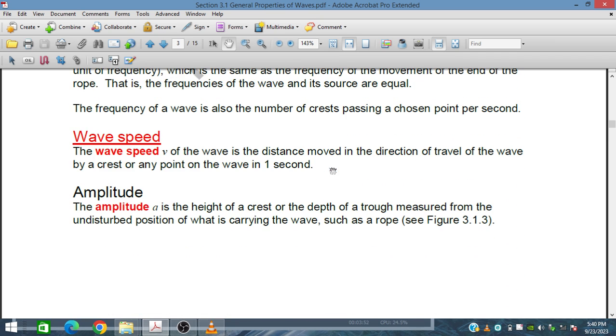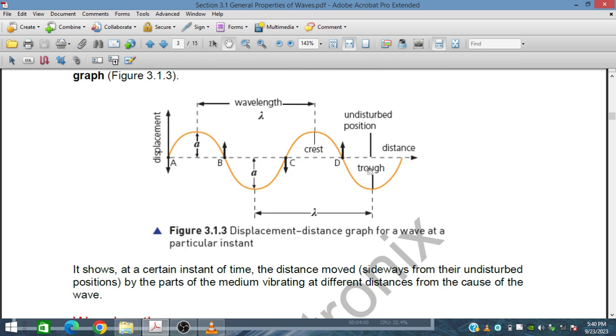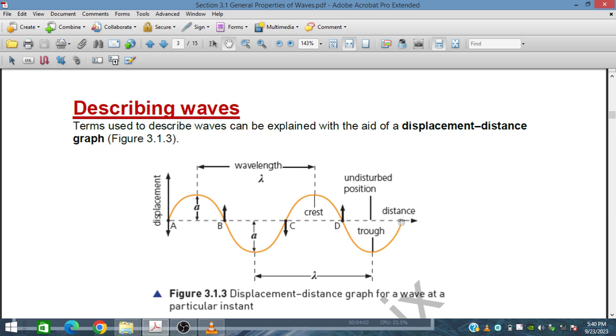Now the wave speed. The wave speed is the distance moved in the direction of travel of the wave by a crest or any point in 1 second. The number of wavelengths multiplied by the frequency gives the wave speed.